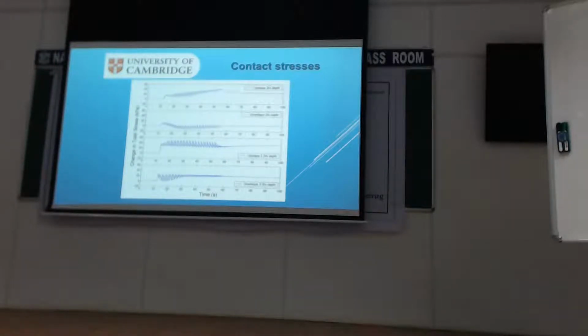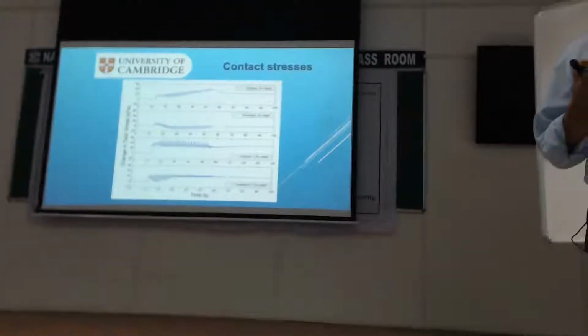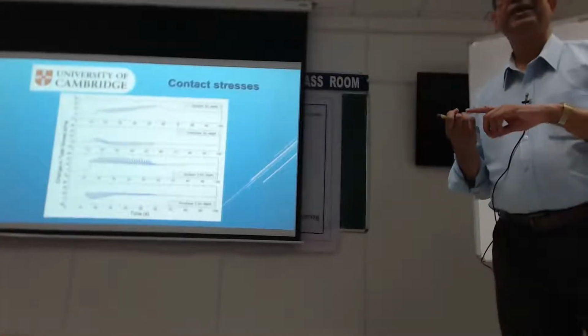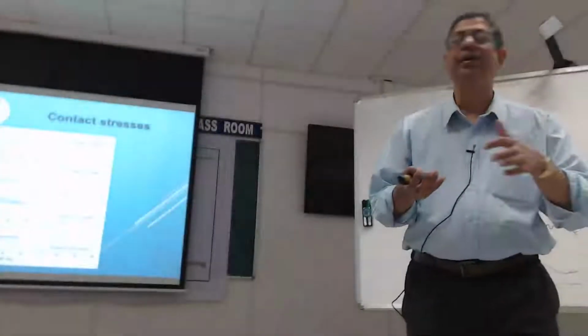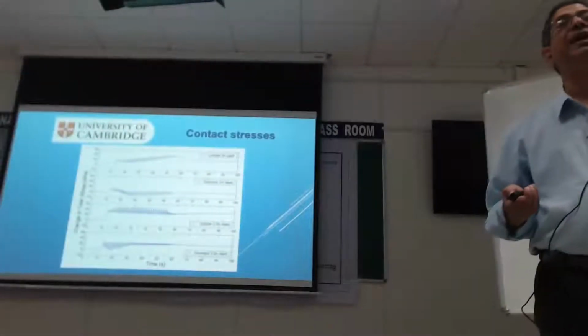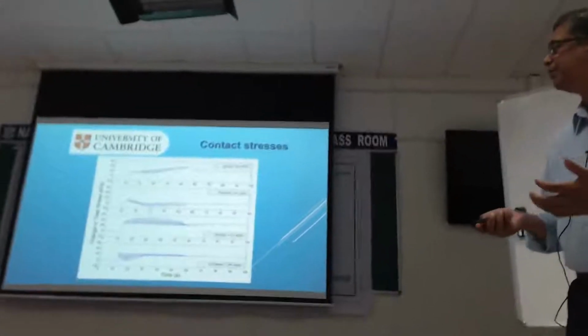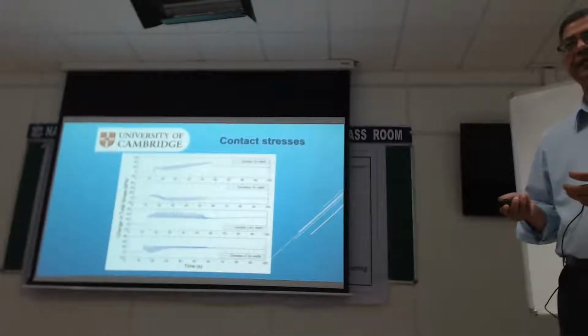Now, we know the vertical stress, because we know the weight of the soil, the total vertical stress. We know the pore pressure, so we can work out the effective stress. We can also look at the changes in total stress.